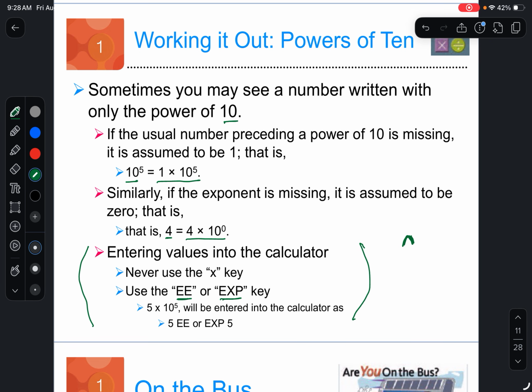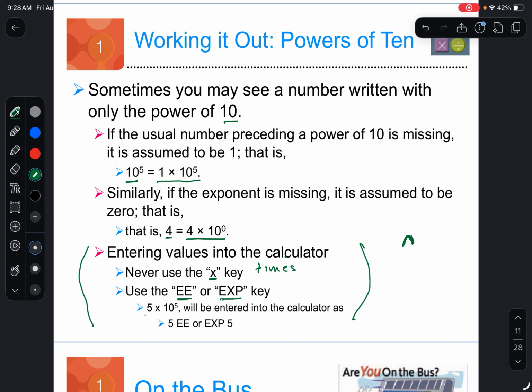I've seen errors made when people use that caret key. So one thing, when you enter scientific notation in your calculator, you're never going to use the X key. The X key is your times key. You're using the EE or EXP key.